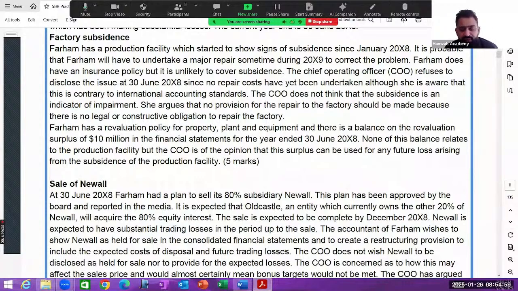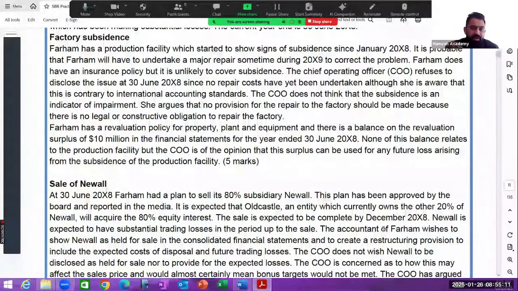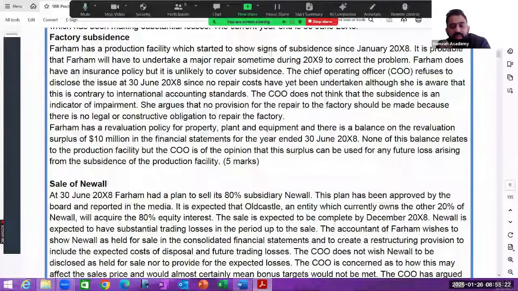For the purpose of conducting the impairment test, we have to identify a cash generating unit. And in this case, the factory building is not a cash generating unit. Basically, the total factory, including the plant and machinery, will be considered as a cash generating unit because the factory building on its own cannot generate cash flows independently from the other assets of the factory.